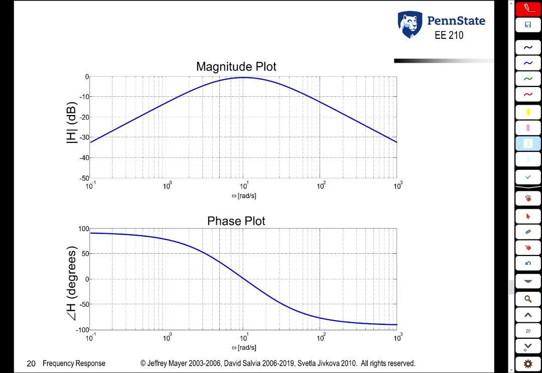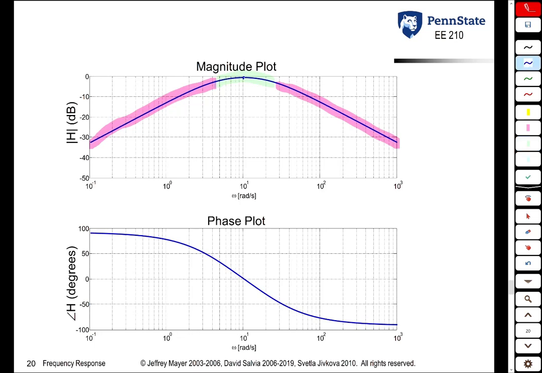If you look at the Bode plot, sure enough, we see that happening. For low frequencies, you get a lot of attenuation. Likewise, for high frequencies, you get a lot of attenuation. And there's a small range of frequencies in the middle where you get a gain close to unity, or 0 dB.